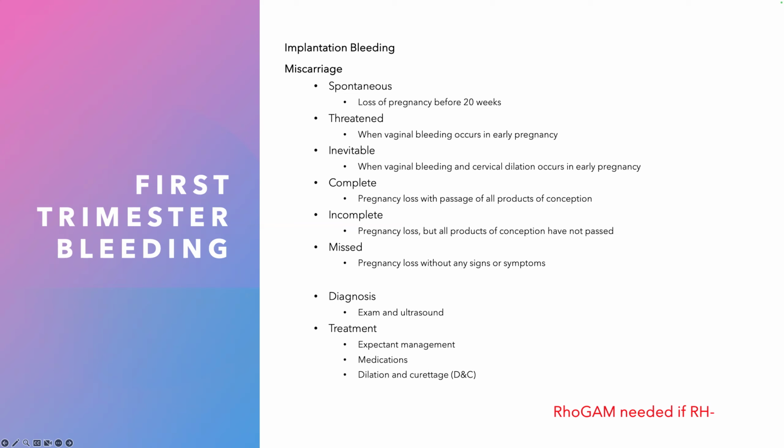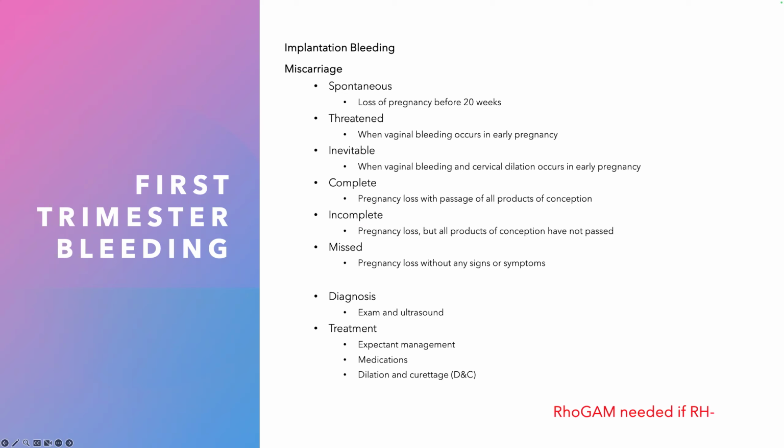So they've not lost the pregnancy. There is still a heartbeat, but it makes us suspicious that something could happen. So it's a threatened abortion. In these cases, maybe they have a little bit of cramping, but their cervix is closed. We're not seeing any tissue on exam, but they are having some bleeding. And this is somebody that we're going to watch closely. This is a threatened abortion.